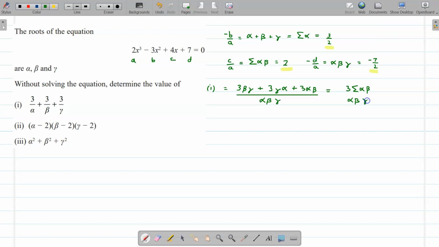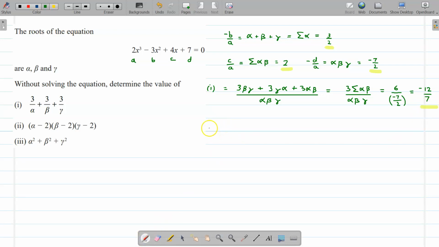And that's easy to finish off, because we have 3 lots of 2, which is 6, over -7 over 2, and that comes to 12 over -7, or -12 sevenths. Okay, so that's the answer to part 1.